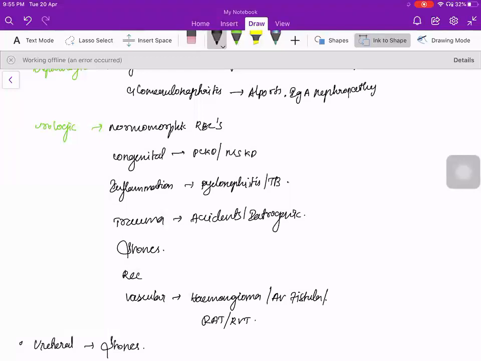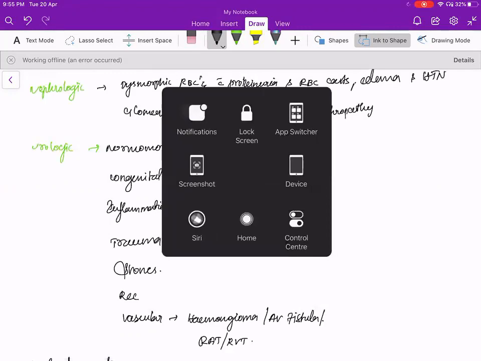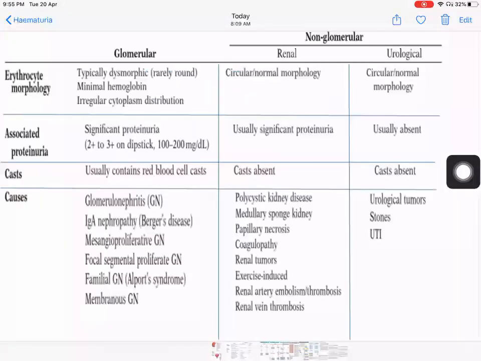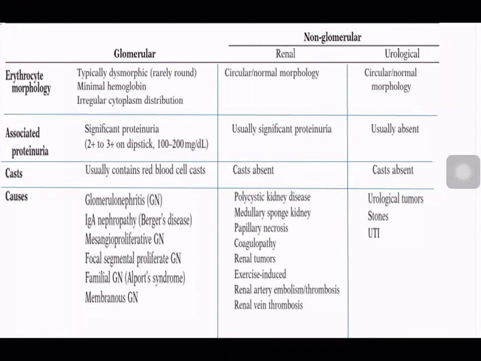If it is non-glomerular and arising from the kidney, these patients will have RBC casts. So, if the patient develops hematuria due to glomerular pathology, they will have dysmorphic RBCs, significant proteinuria, and usually casts.